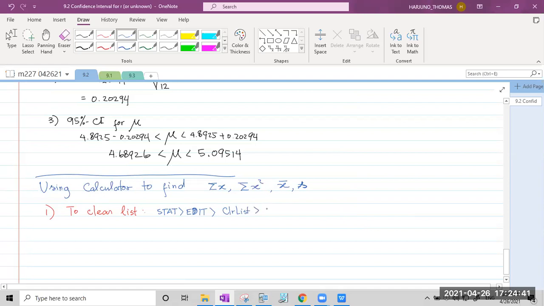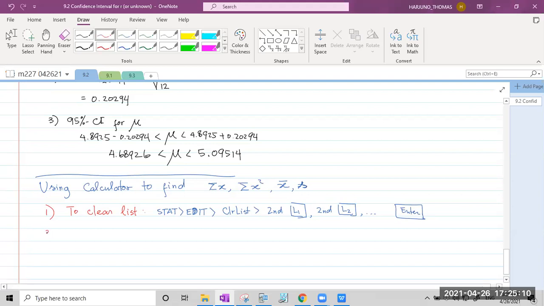Then you choose the list that you want to clear, like second L1, comma, L2. You need to still use second L2 though. And then you enter. Okay, that's to clear list.